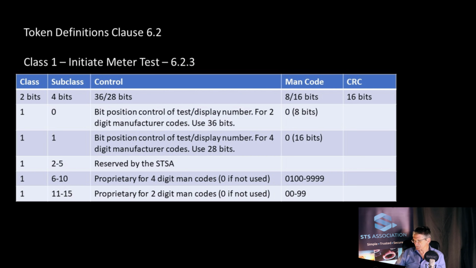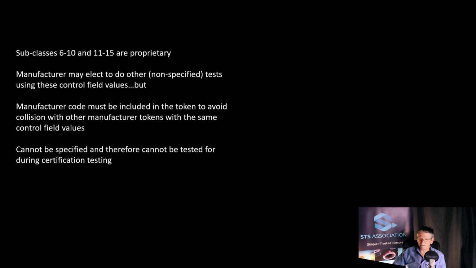Now, in the proprietary space, you obviously need to be a little bit careful because if you elect to use these subclasses 6 to 10 or 11 to 15, the manufacturer may elect to do other non-specified tests using these control field values. But then the manufacturer code must be included in the token to avoid collision with other manufacturers' tokens that use the same control field values.